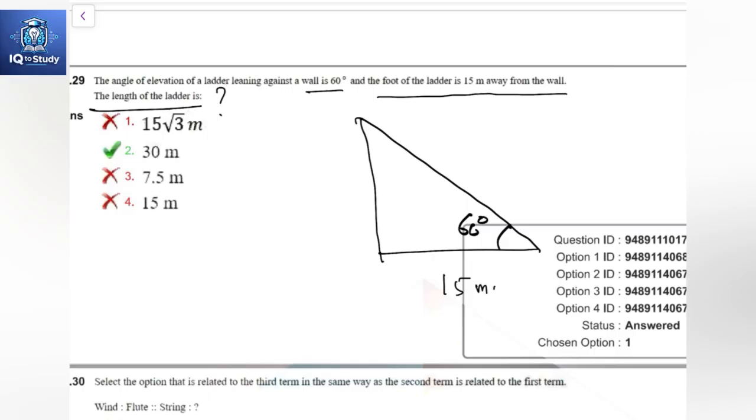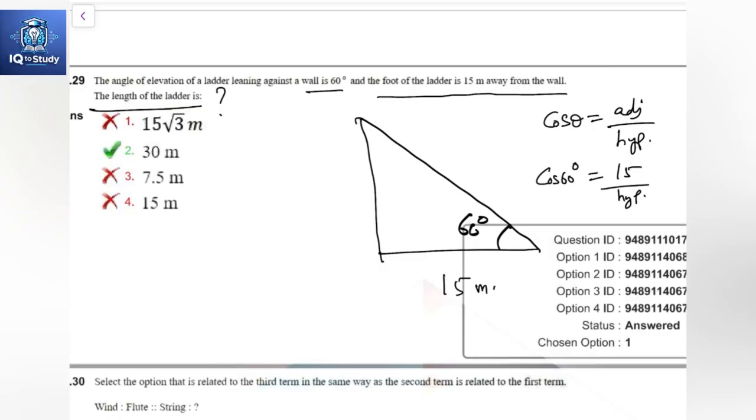We know that cos theta is equal to adjacent side by hypotenuse, which is equal to 15 by hypotenuse, and theta is given as 60 degrees.